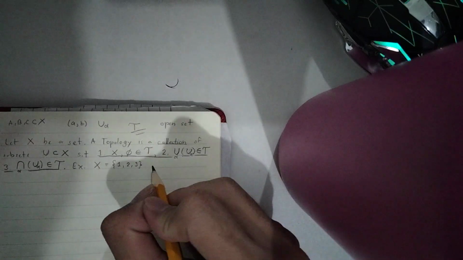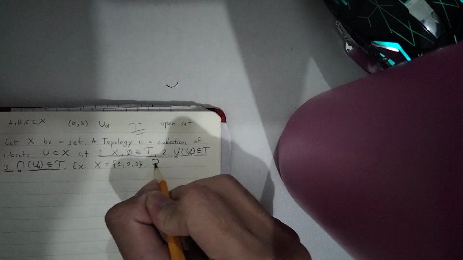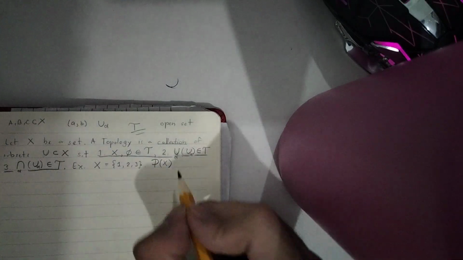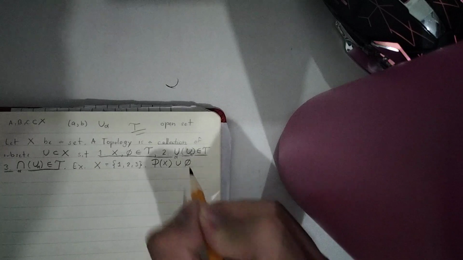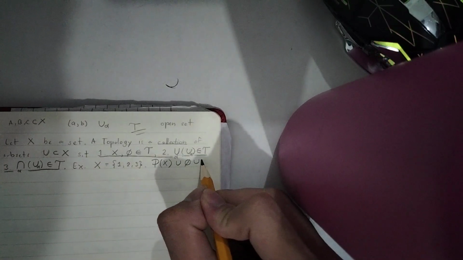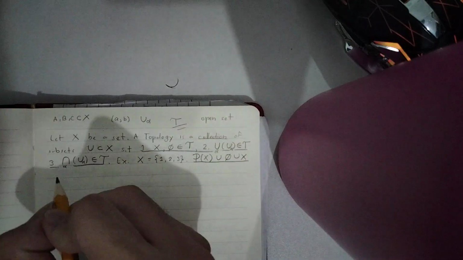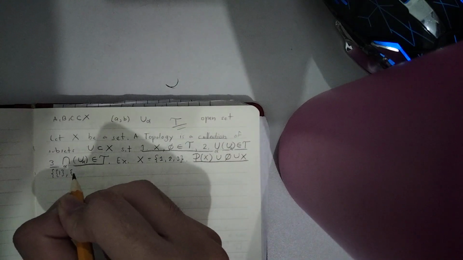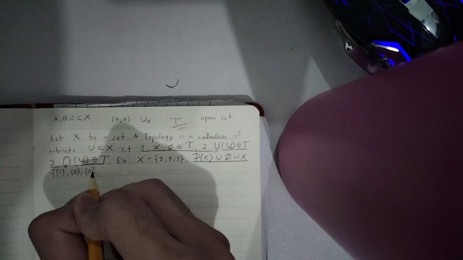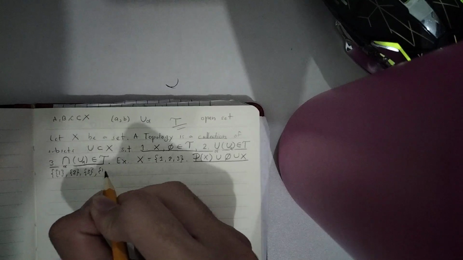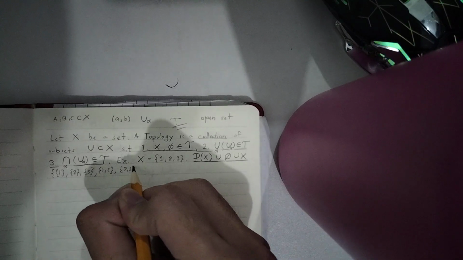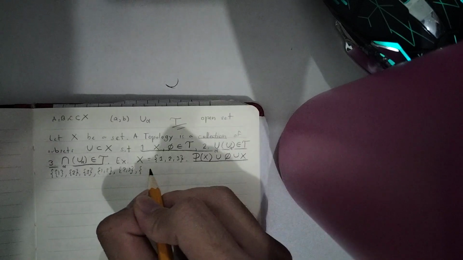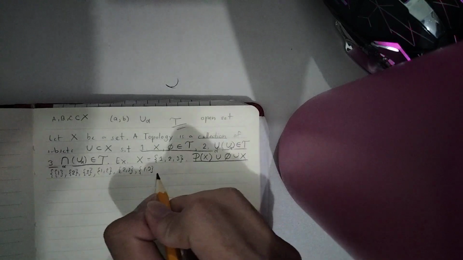Let's say I have the power set of X, and then I take its union with the empty set, and then union with X. This over here gives us a topology of X, all possible subsets of X. So let's start with the set containing 1, the set containing 2, the set containing 3, the set containing 1, 2, the set containing 2, 3, the set containing 1, 3, and I think that's it.